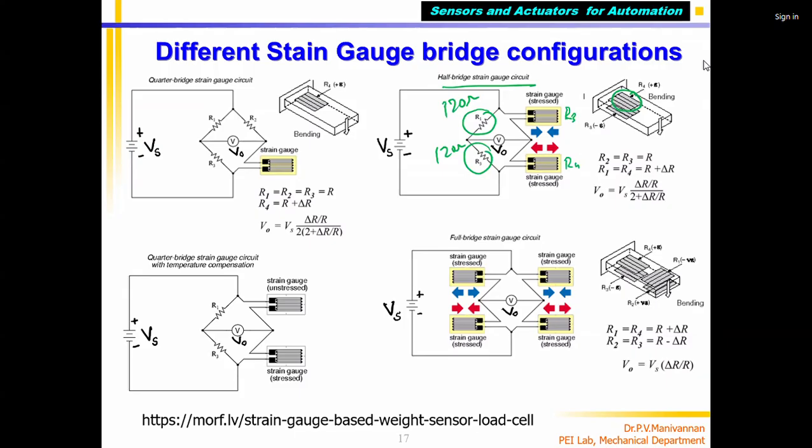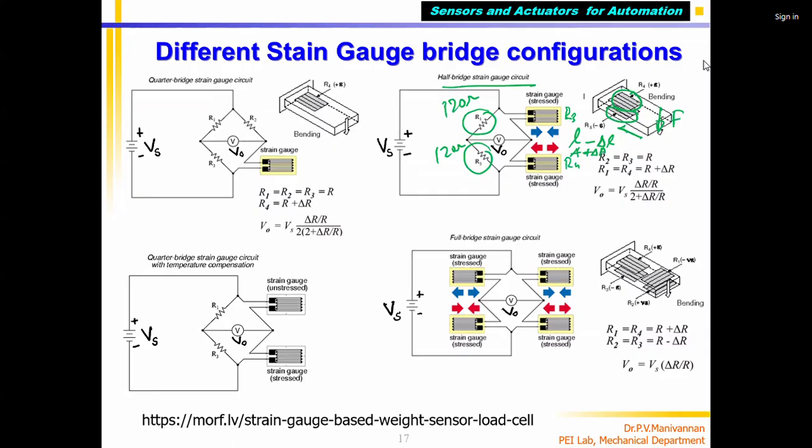Now, on the bottom side I also put one more strain gauge. If you apply a downward force on the cantilever like this, what happens? The top side lengthens because of tensile force, the bottom side has a compressive force. So this strain gauge length reduces: L minus delta L, and area A plus delta A. Bottom side area is increasing, correct?